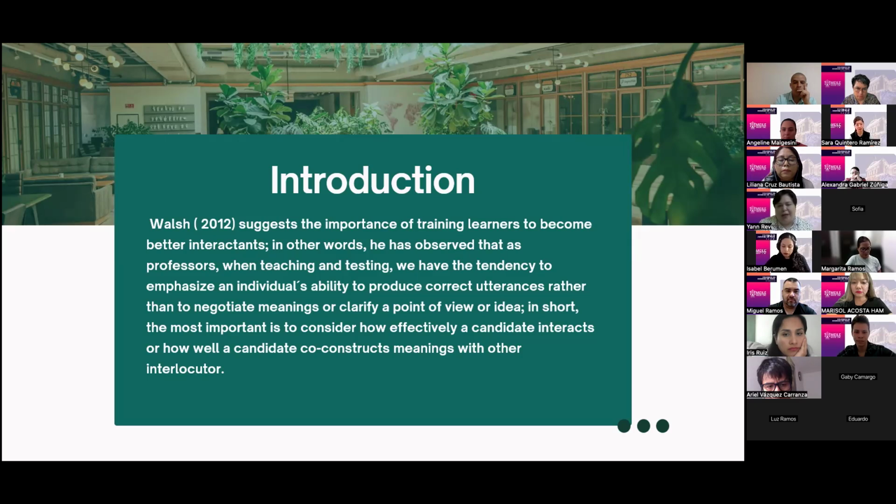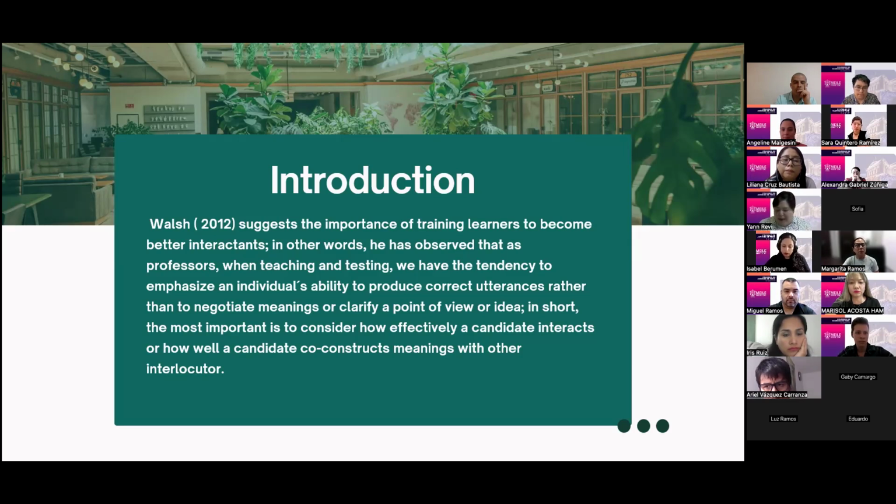In short, the most important thing is to consider how effectively a candidate interacts with others, or how proactive those candidates are, for example, in co-constructing meaning with the other interlocutor.